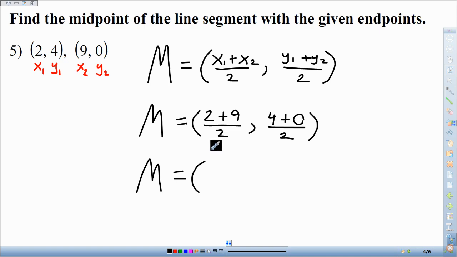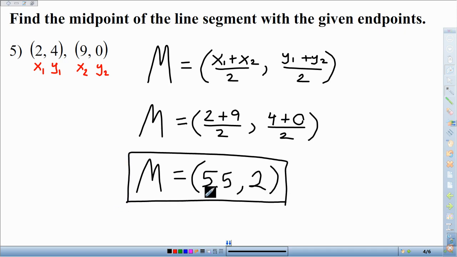I think that's what I'll do on this problem. I'm getting 9 plus 2, which is 11. And then 11 divided by 2 gives me 5.5. Over here, 4 plus 0 is 4. 4 divided by 2 is 2. And there it is. These are the coordinates for the midpoint of my segment with these endpoints.